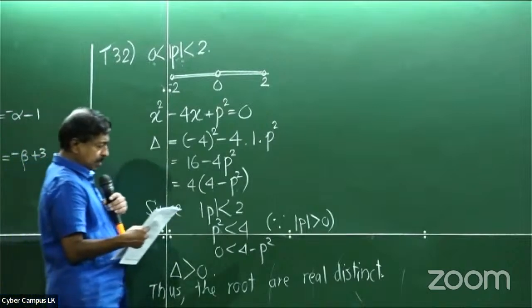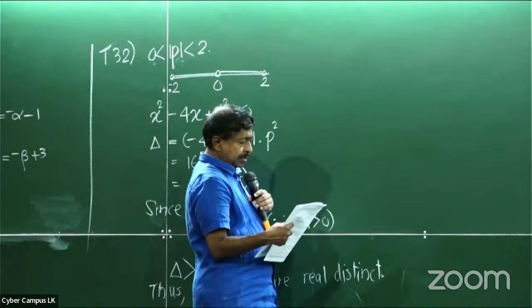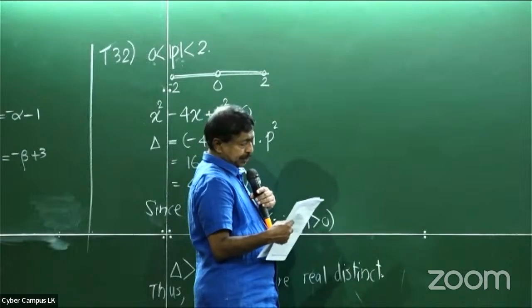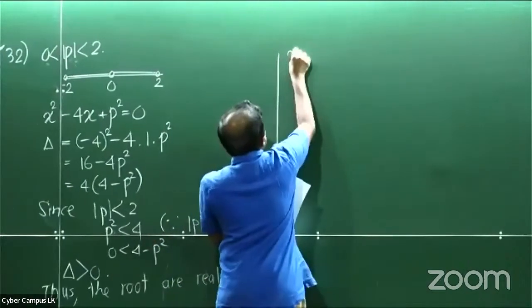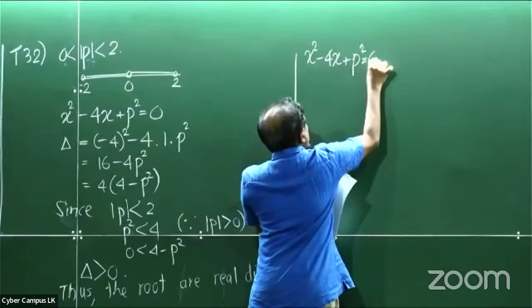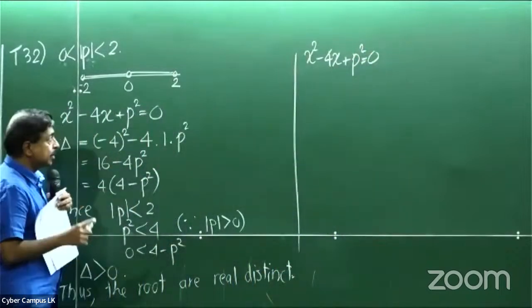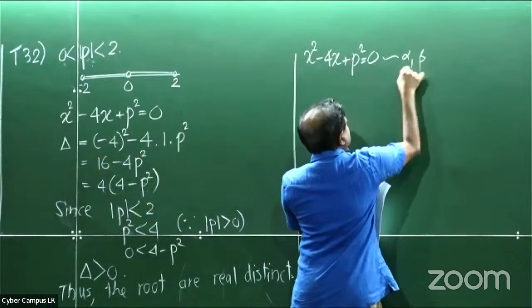Then, if the roots of this equation are alpha and beta, show that both roots are positive. Okay, this is the equation of our interest. Now we let the roots be alpha and beta.